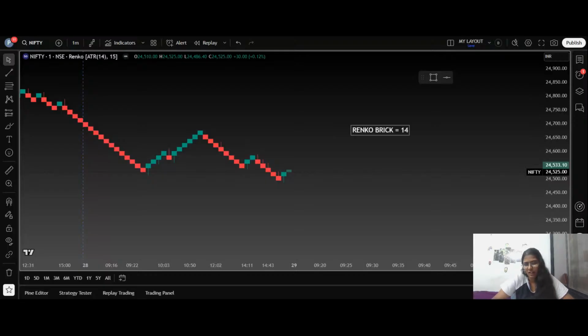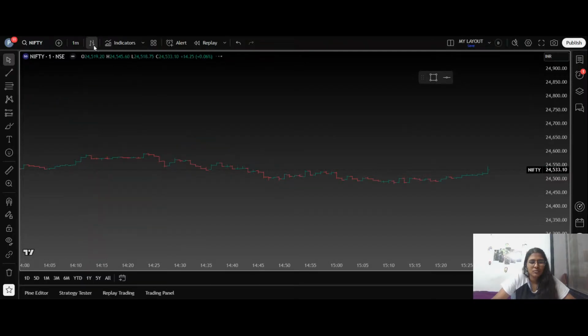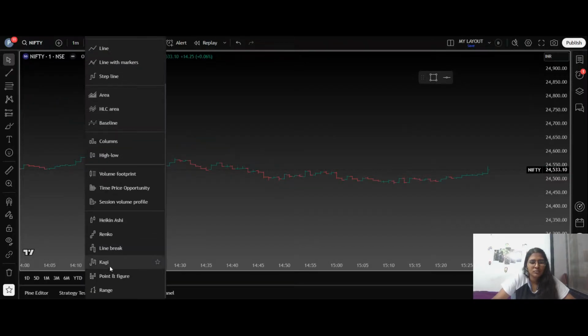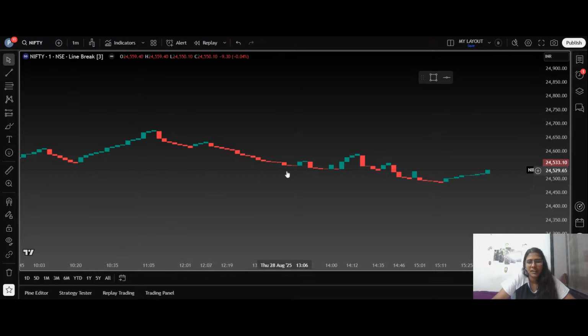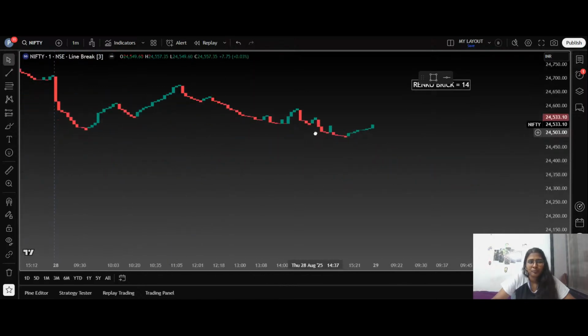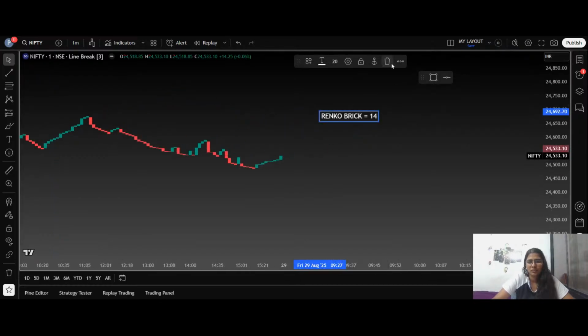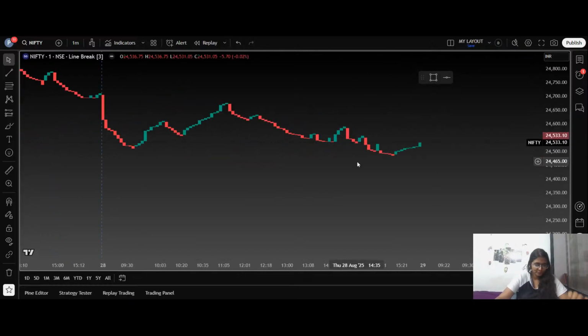Now let's go to one other candle, which is nothing but the line break candle. A line break chart type is a price chart that focuses on market trends, and it also ignores time, similar to the Renko candles.